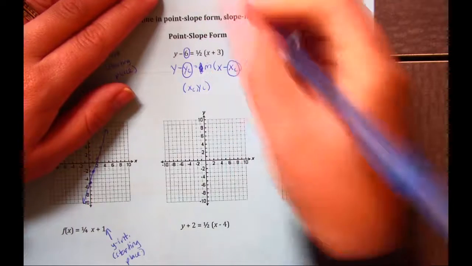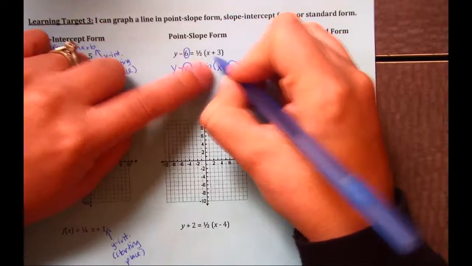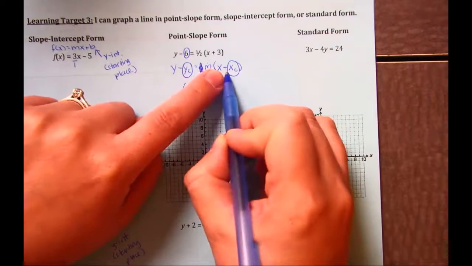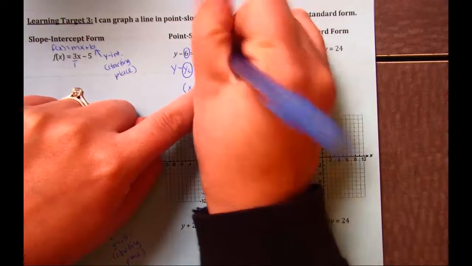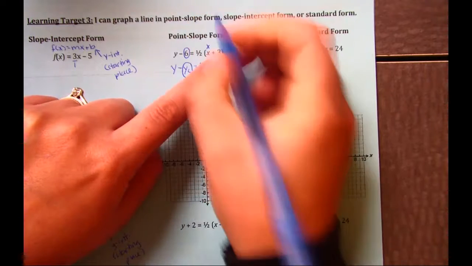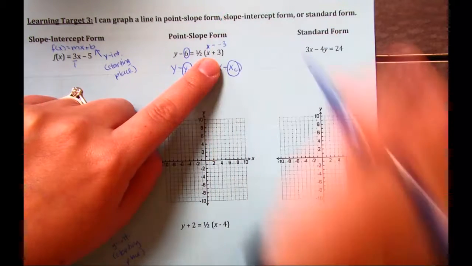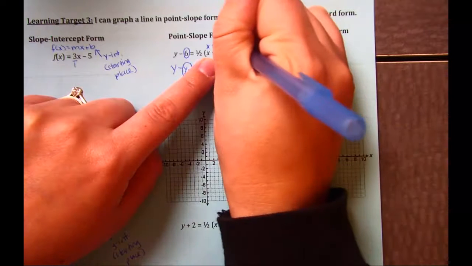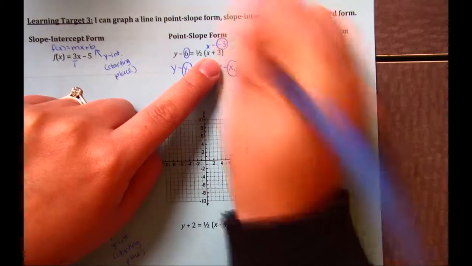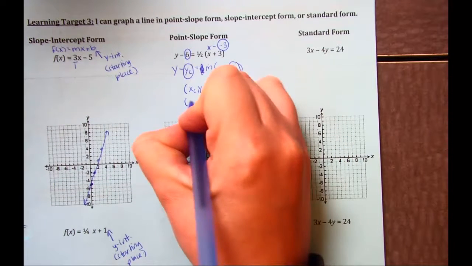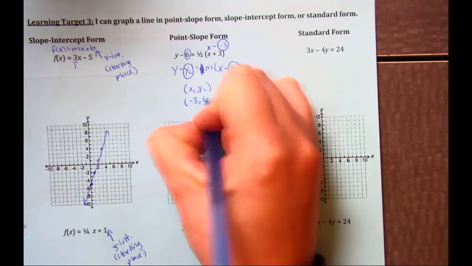Now, this is supposed to be a minus, right? Because in the general form, it's x minus the x-coordinate. So that's really x minus a -3. So that would be the x-coordinate that we would start at. Our starting place is going to be -3, 6.